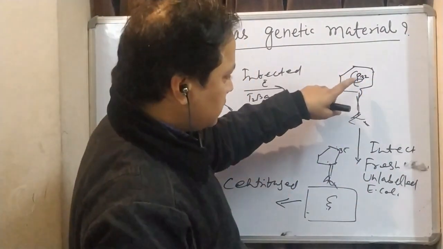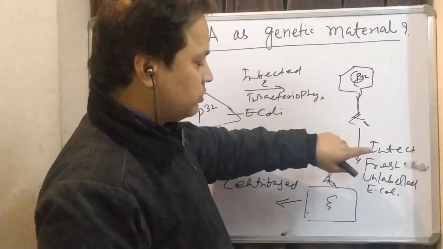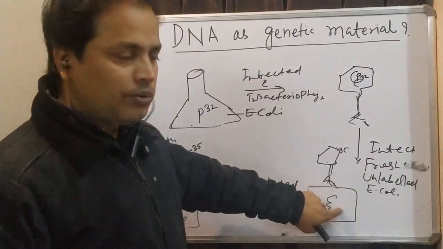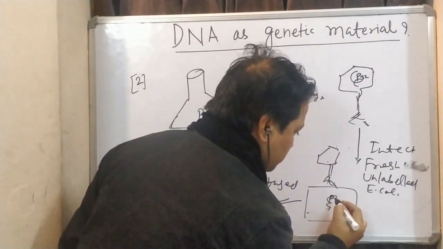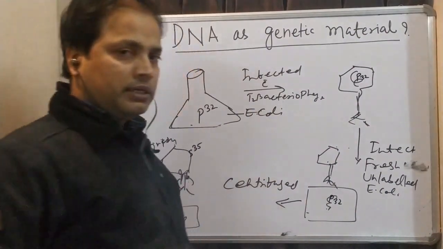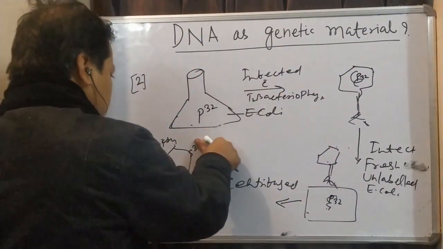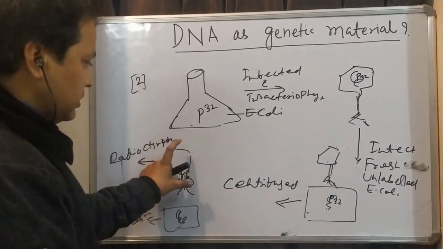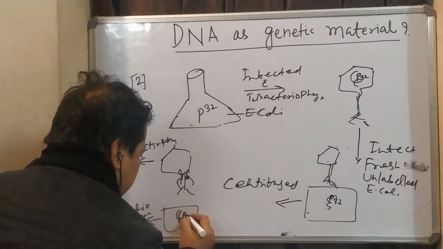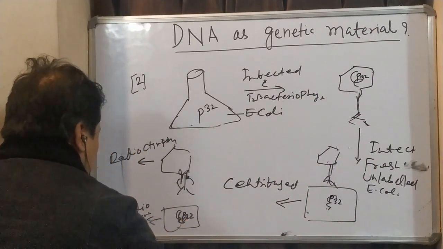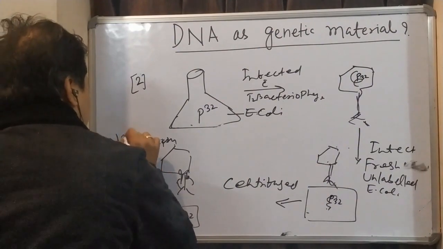So this bacteriophage whose DNA contains P32 is going to infect a fresh E. coli. As a result, this P32 DNA will come into the bacterial cells. Now they have separated both the things, and in this case, the bacteriophage head does not have any kind of radioactive substances. This DNA is having P32. So here it is showing radioactivity, and this portion no radioactivity.